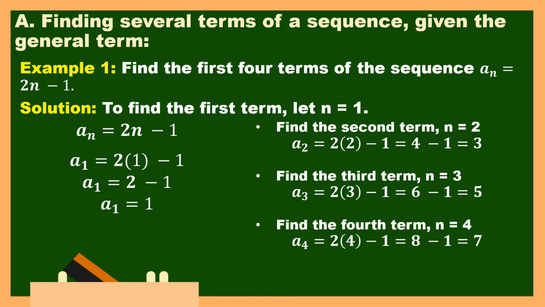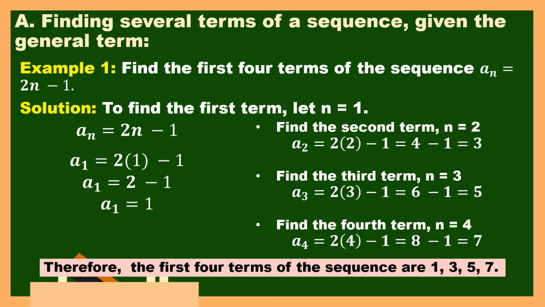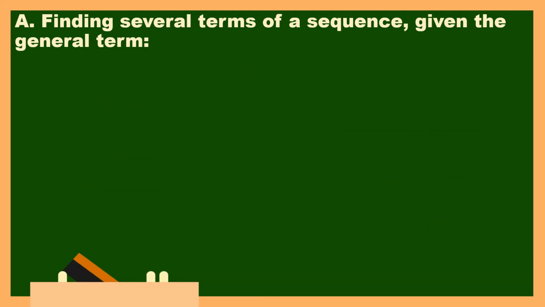So, a sub 4 is equal to 2 times 4 minus 1. 2 times 4 is equal to 8. Then subtract. 8 minus 1 is equal to 7. So, 7 ang value ng ating fourth term. Therefore, the first 4 terms of the sequence are 1, 3, 5, 7.